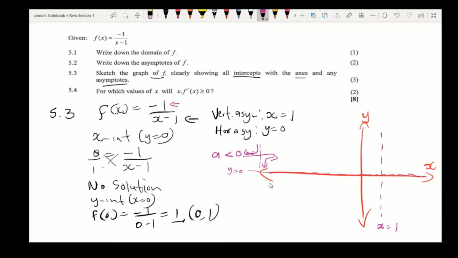Because our y-intercept when x is equal to 0 is given by 0 and 1, it will be somewhere here. So the function will go like this, not touching the asymptotes, and go straight down here, and then another branch will come this side.